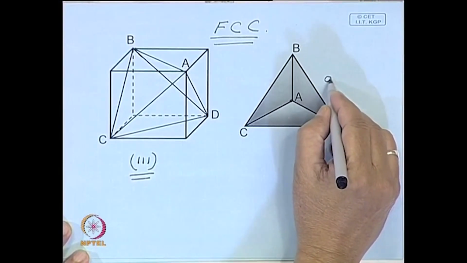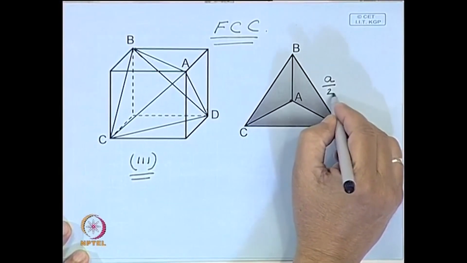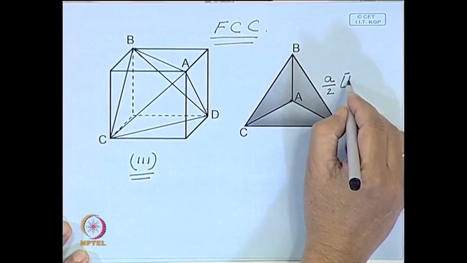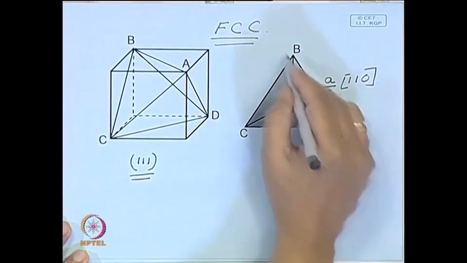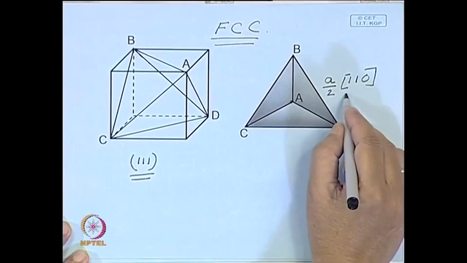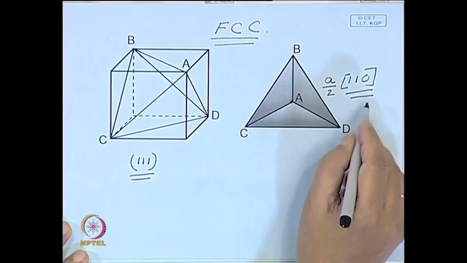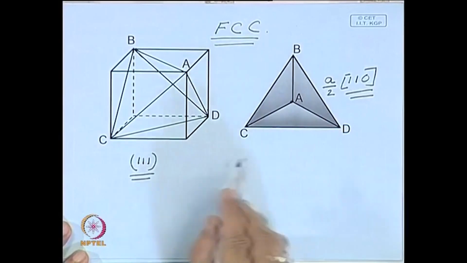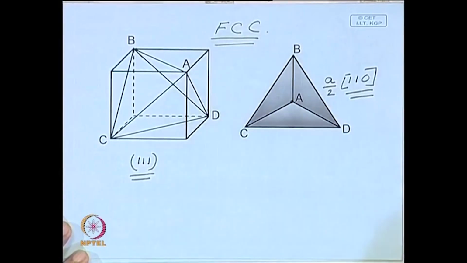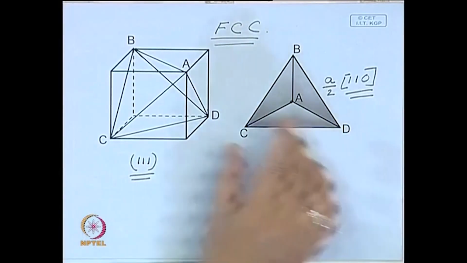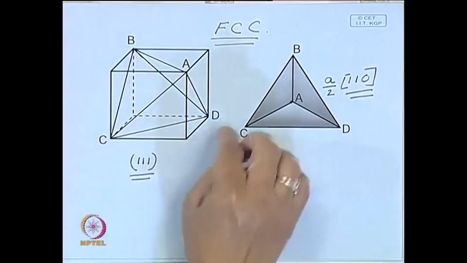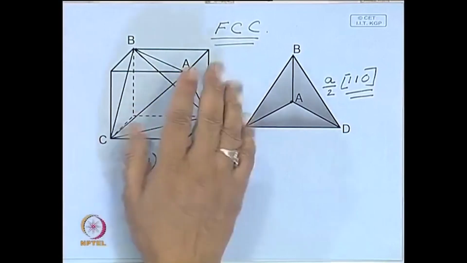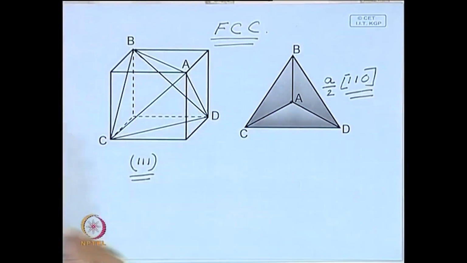Now, each of these sides represents a perfect dislocation with a Burgers vector of type 1 1 0. This direction is represented by 1 1 0. Each of these edges is like that, and it is possible to write down the indices of each of these planes and directions.